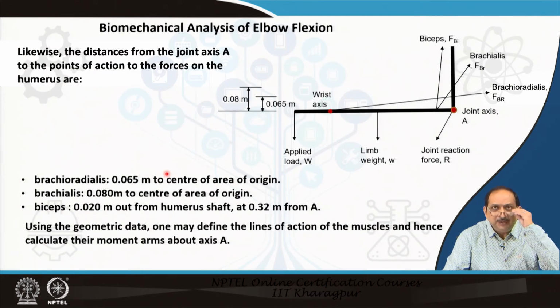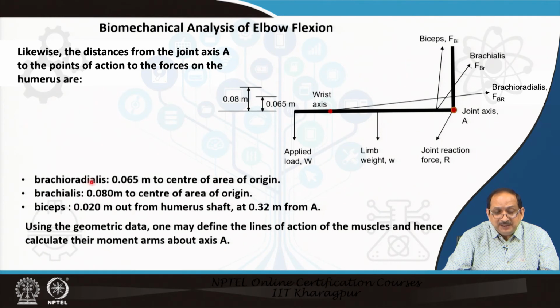Now, in continuation to the earlier slide, we present the same figure, but here we indicate the distance from the joint axis A of the points of action of the muscle forces on the humerus.